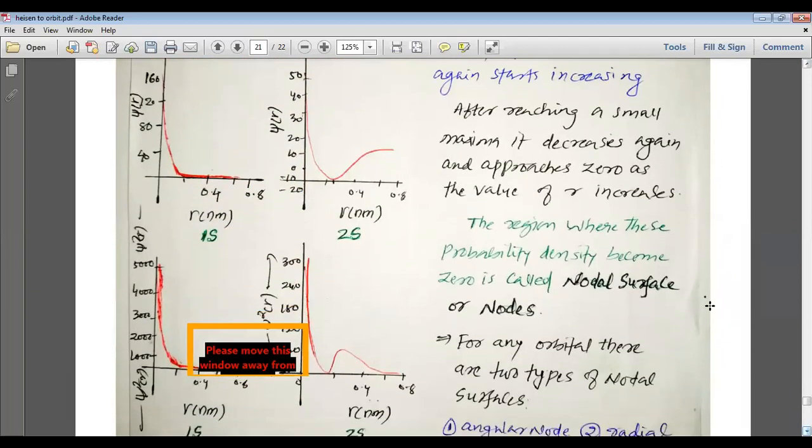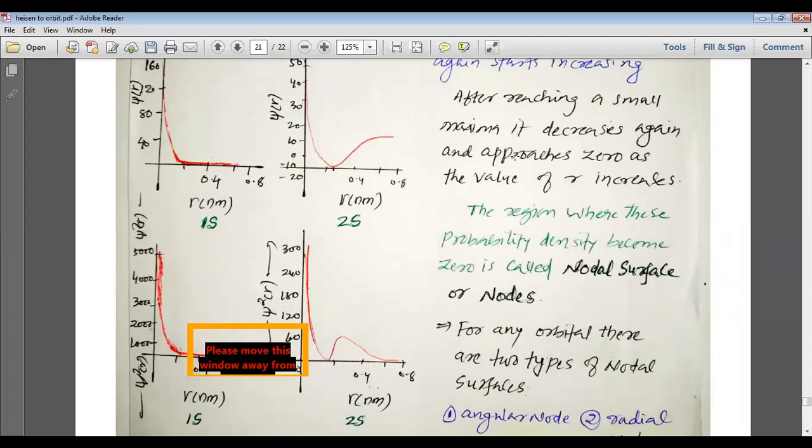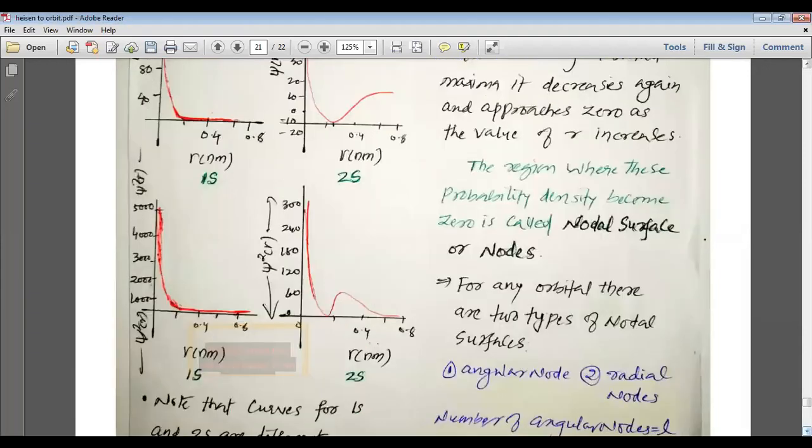After reaching a small maximum, it decreases again and approaches 0 as the value of r increases. The region where this probability density becomes 0 is called a nodal surface or node. So whenever you see psi square becomes 0, that particular region is known as a node or nodal surface.